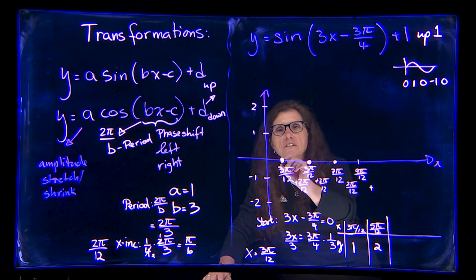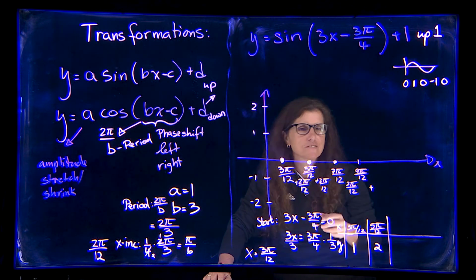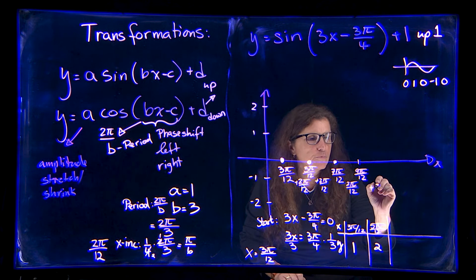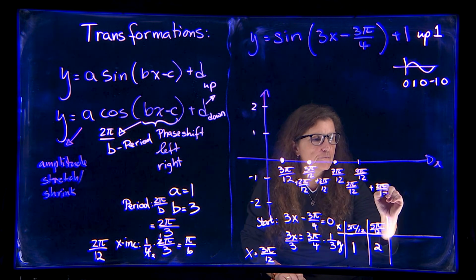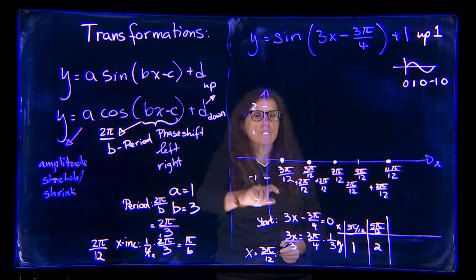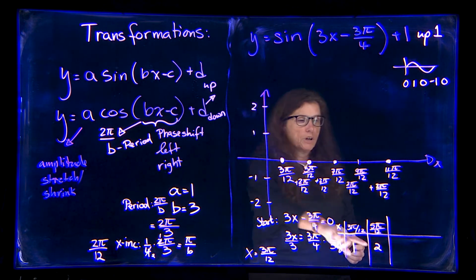Oh no, we're starting at 3 pi. Don't start at 0. Here we go. 1, 2, 3, 4. I knew we needed one more. 2 pi over 12, which is 11 pi over 12. There you go.